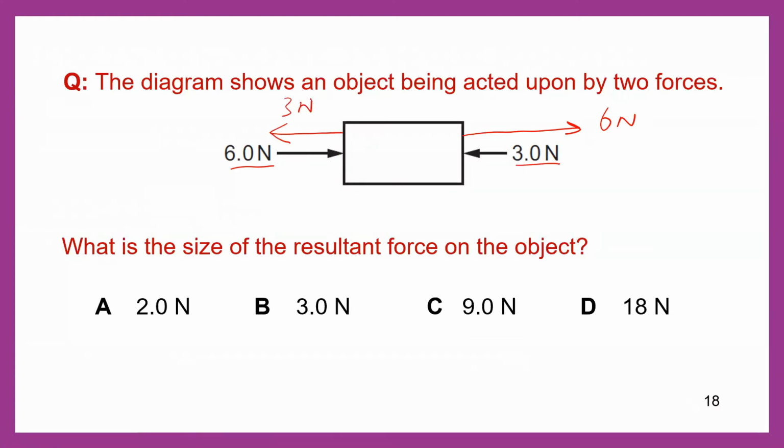So what is the size of the resultant force on the object? Simple, what can we do? First of all, we choose the force acting to the right, that is 6 newtons, and then the force acting to the left, that is 3 newtons. So the resultant force is going to be 3 newtons to the right. So the answer in this case is B.